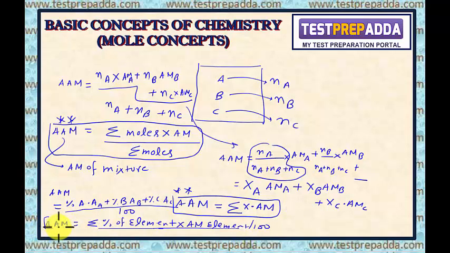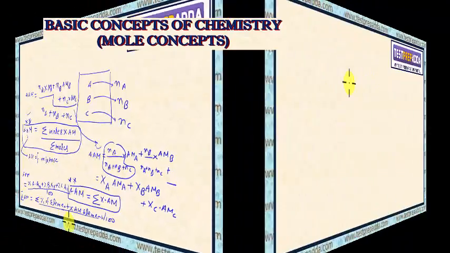So these are the different ways to find average atomic mass. Now in a similar manner we can write the formula for average molecular mass, or molecular mass of mixture.